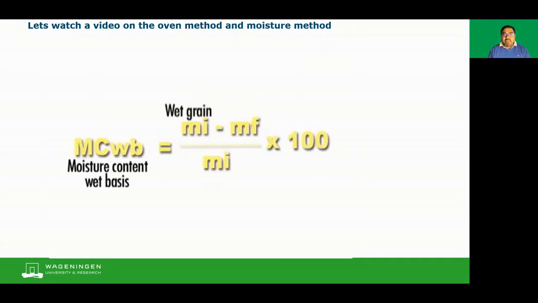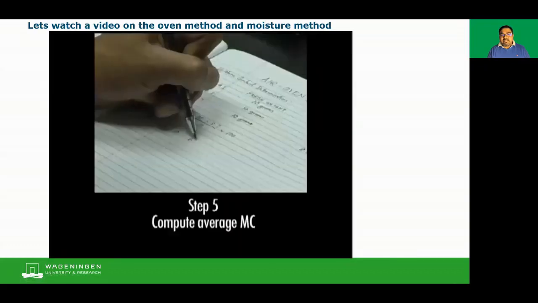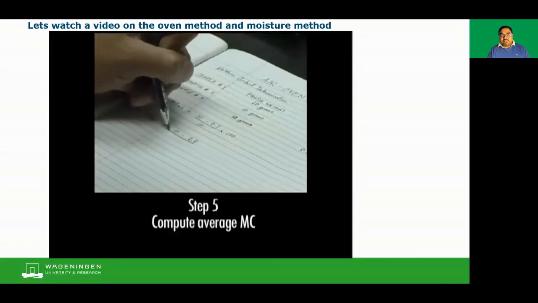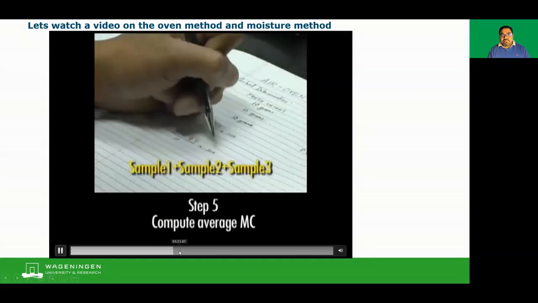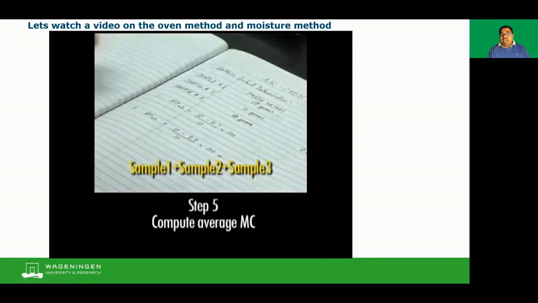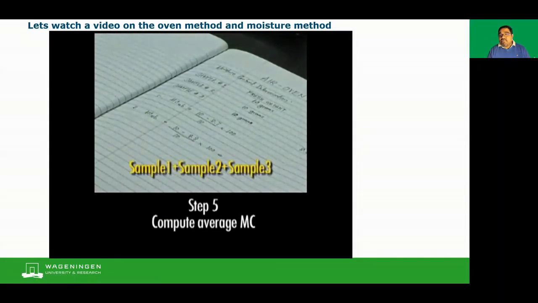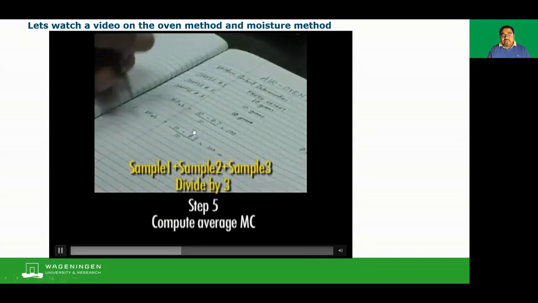It is called on a wet basis: weight of the wet grain minus weight of the dry grain, divided by the weight of the wet grain. So this gives the moisture content. You can have 3 samples, 3 replicates, and then you do the average. That is how it is done.